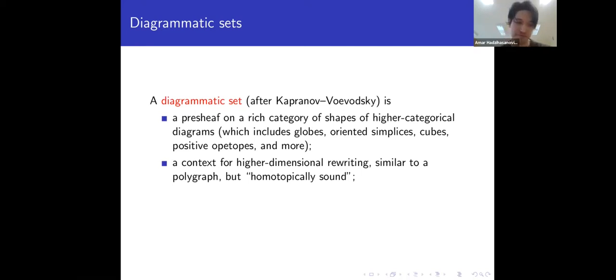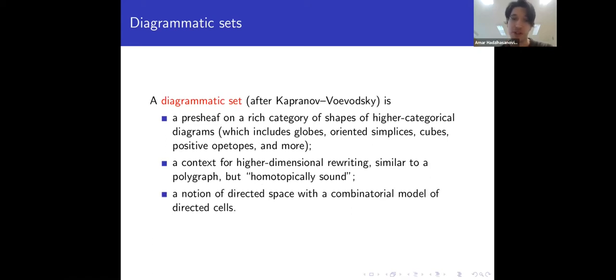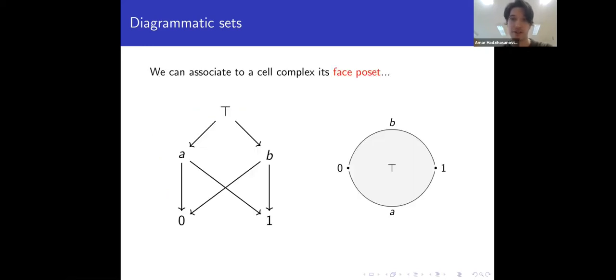But most conceptually, you can think of the diagrammatic set as being a notion of directed space, which has a combinatorial model of directed cell. In the next few slides, I'm going to give you the only few definitions that I'm going to give in this talk, the only precise definitions.